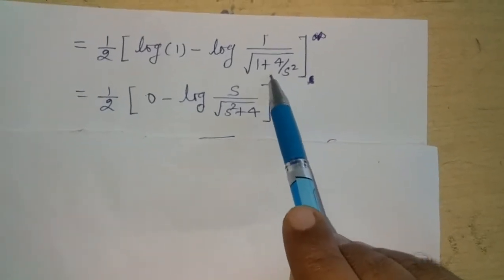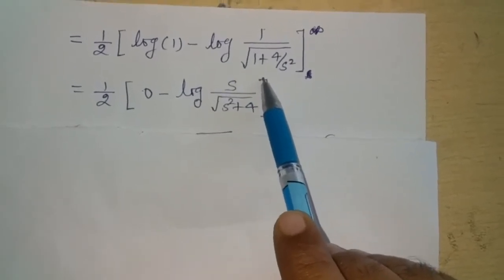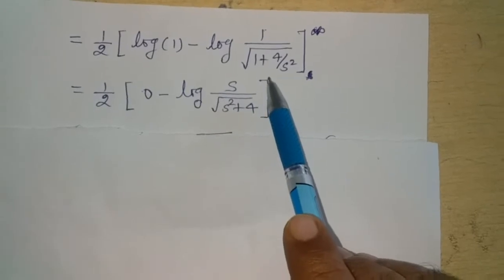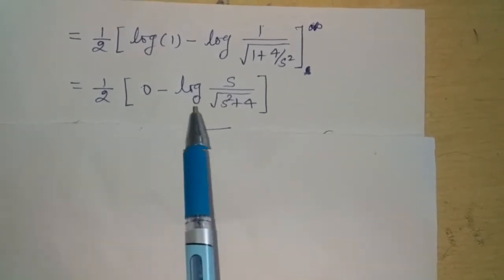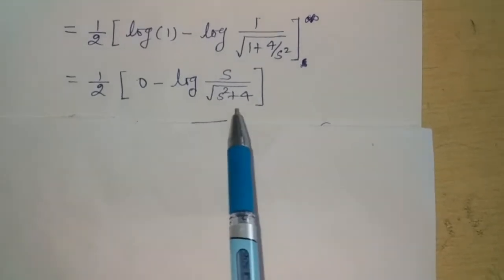Here s square is the LCM. So we have s square plus 4 by s square, square root, and the square root of LCM s square is s, which goes in the numerator. So we get 0 minus log s upon square root of s square plus 4.